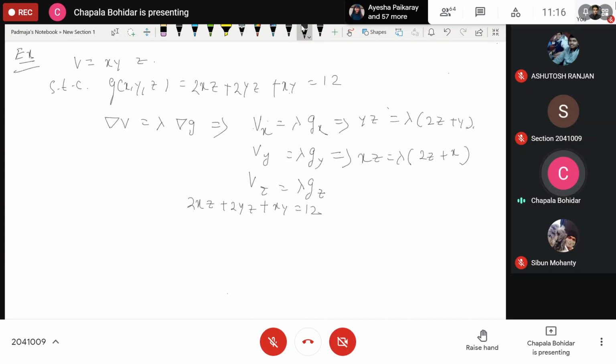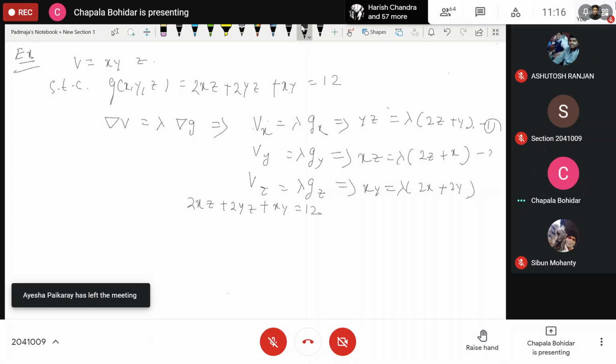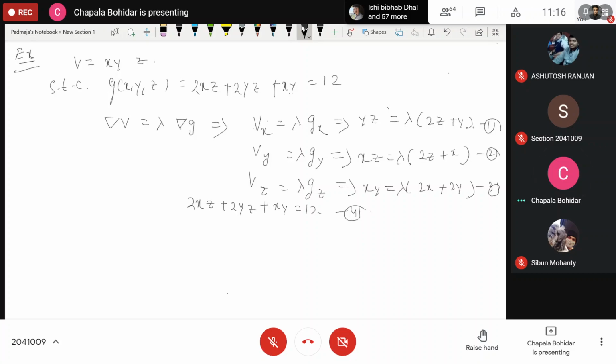This implies xy is equal to lambda into 2x plus 2y. And subject to the constraint given like this. So it is 1, 2, 3, then 4.